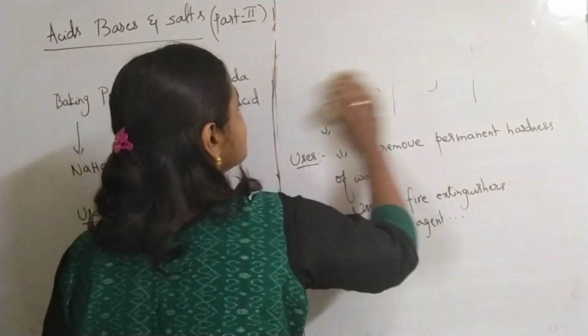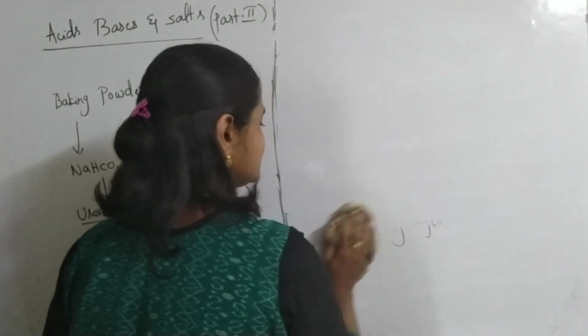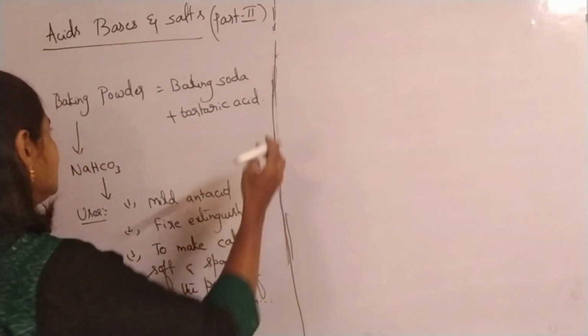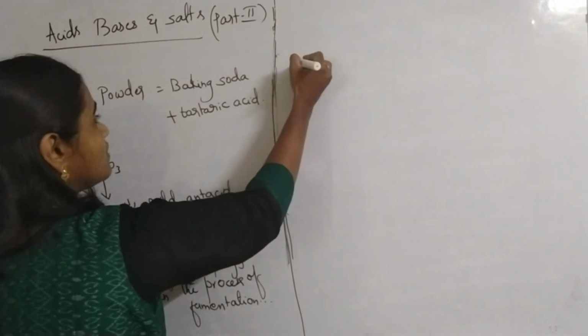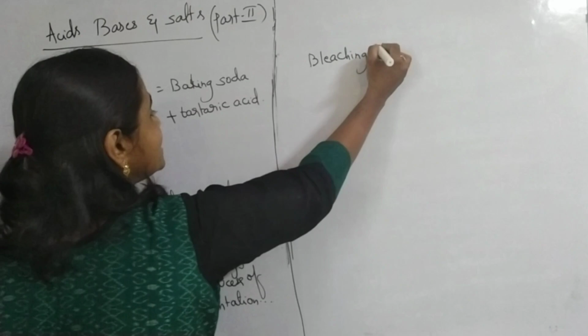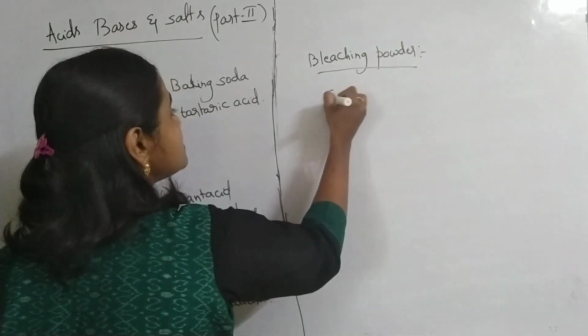Okay, now let us move on to one more important salt that has to be learnt about, which is given in your textbook: bleaching powder. Bleaching powder is produced by what? What is the formula for bleaching powder?